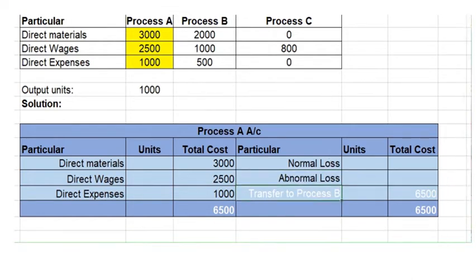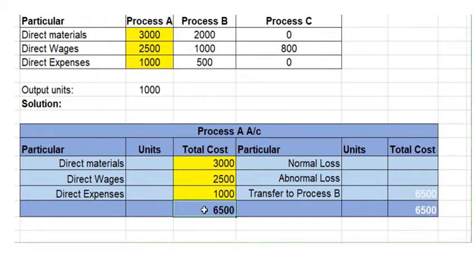Next, what is the next on the right hand side? Yes, it is transfer to process B. You don't know what is the value for transfer to process B. So now we will see what we have to do. We have to add all the things in the left hand side. These three have to be added and the total put on the bottom.